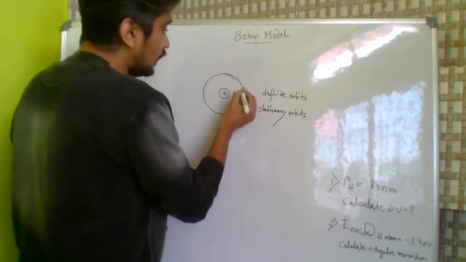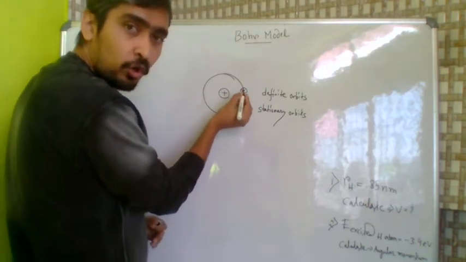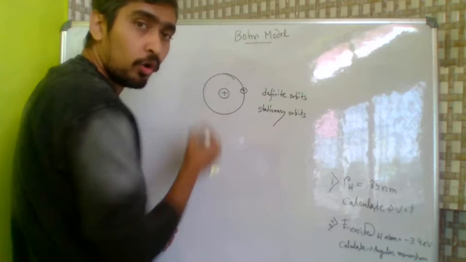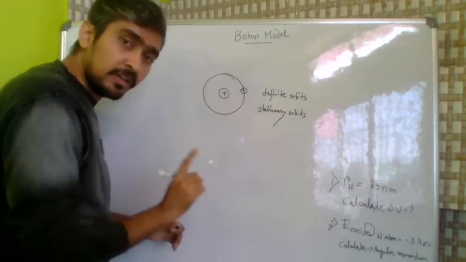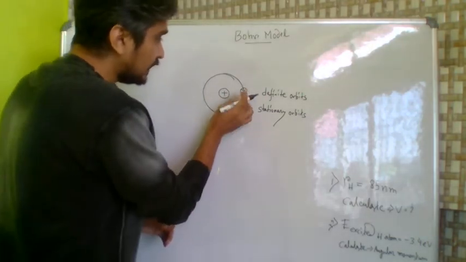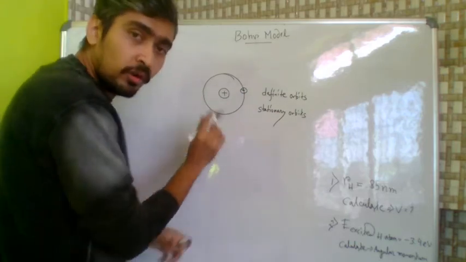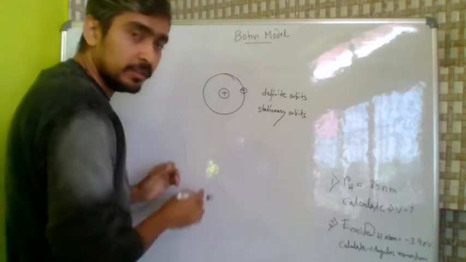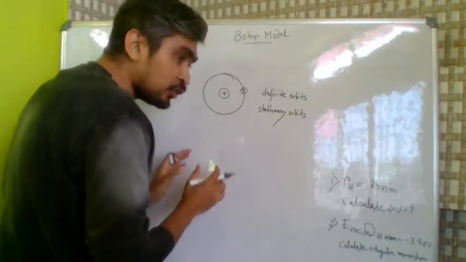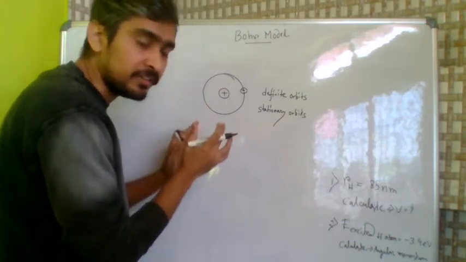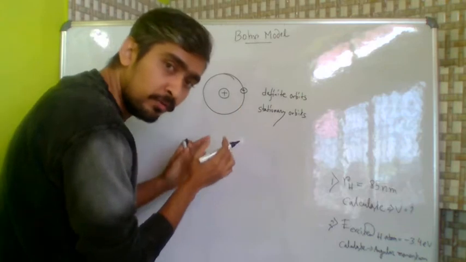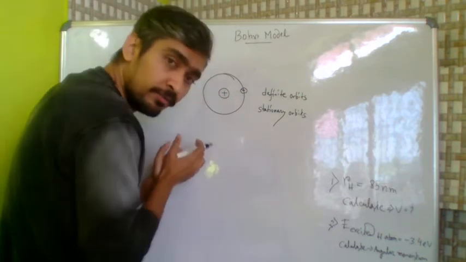Now in order for that electron to remain in this orbit, there is a condition which the electron has to satisfy. That condition is there has to be an exact balance between the centripetal force and the electrostatic force.